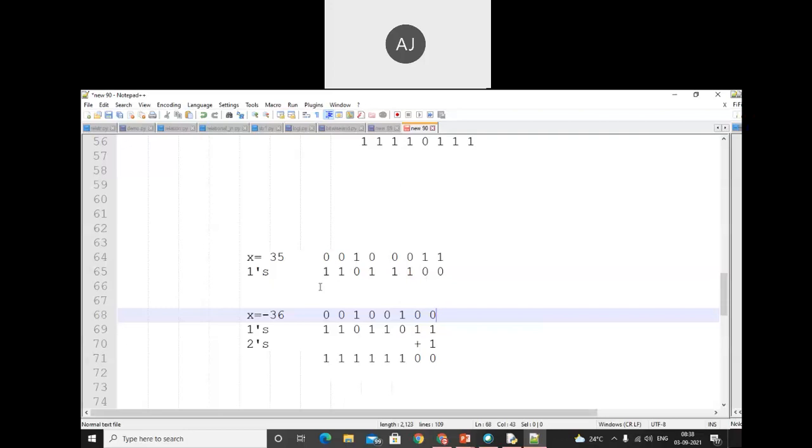Negation is perfect. 0 replaced by 1, 0 replaced by 1, 0 replaced by 1. Okay, so here 36. So all the rest of the bits will be replaced by 0.